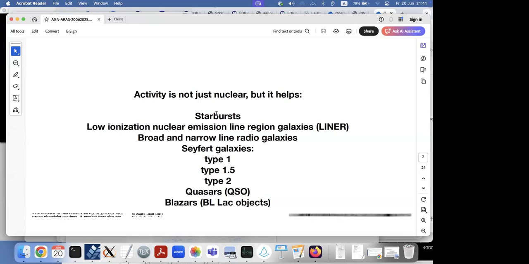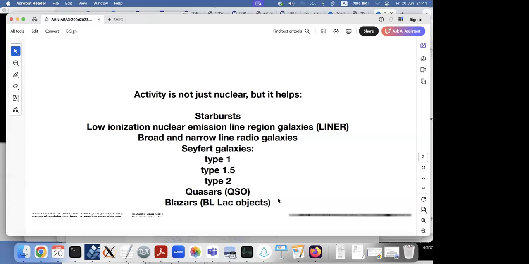The Seyferts have an intermediate group, which was taxonomically characterized by Osterbrock. And again, it's because of the continuum between these different types in going from the type 1, which clearly indicate two regions, to type 2s, which look more like they're, yeah, maybe one region.